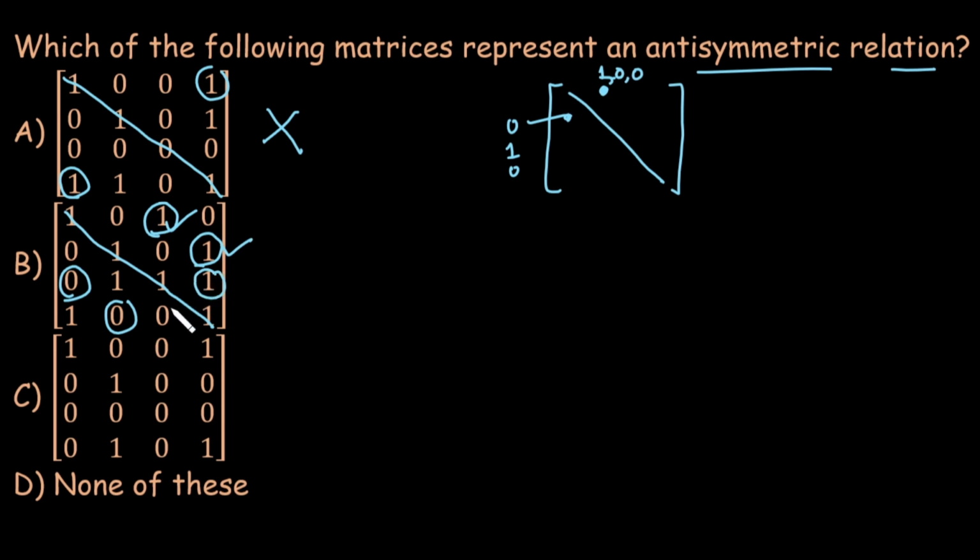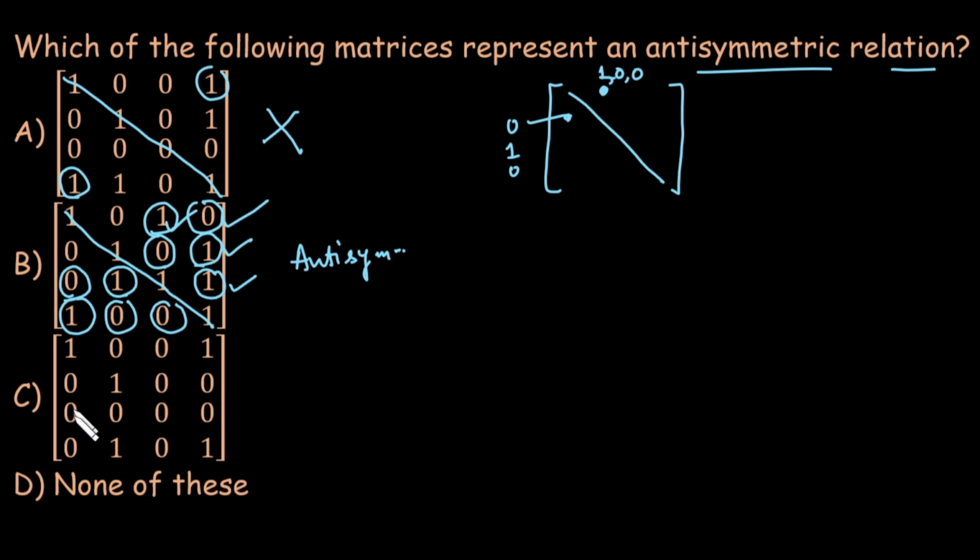In this case, the reverse position, correct. In this case, 1 is here and the reverse position is this and it is correct. This is a 1 and here it is a 0. So everything is correct in this case. If it is a 1, the reverse is 0. It means this is the antisymmetric relation.